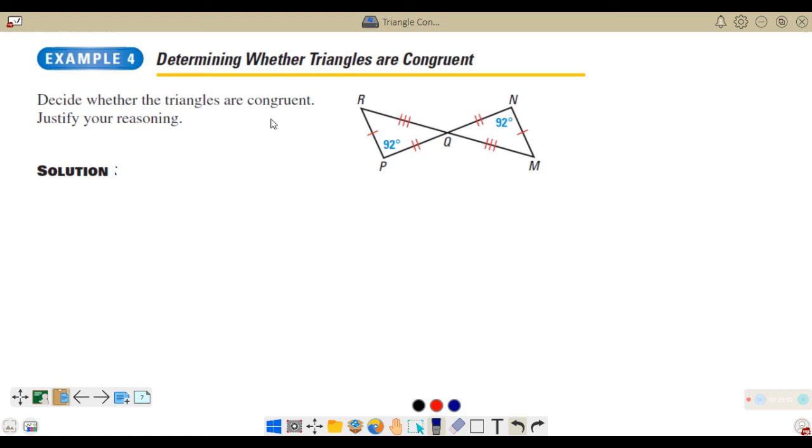So, decide whether the triangles are congruent and justify your reasoning. So, from the figure, we are given, teka lang sabi ko sa inyo, hindi ako magaling sa paragraph proof.